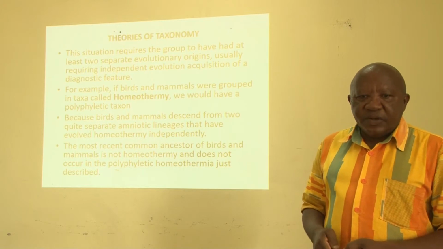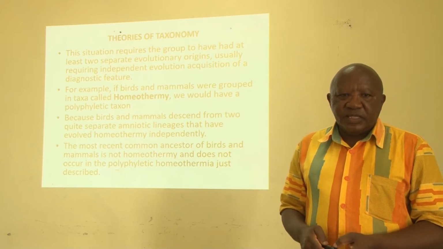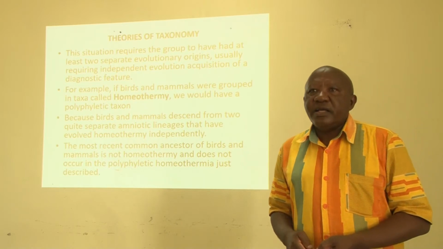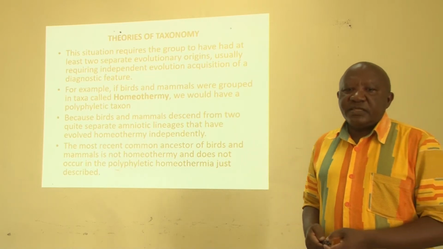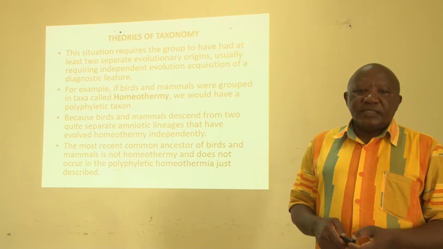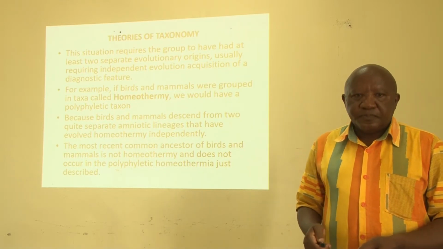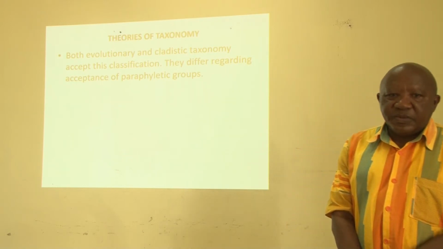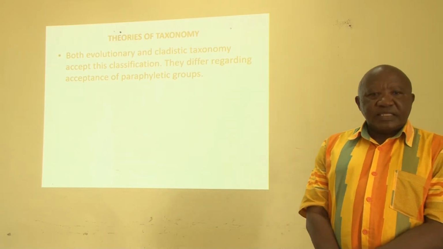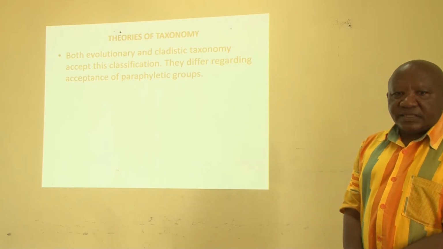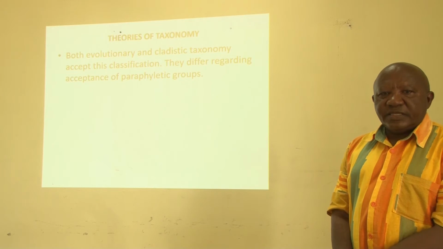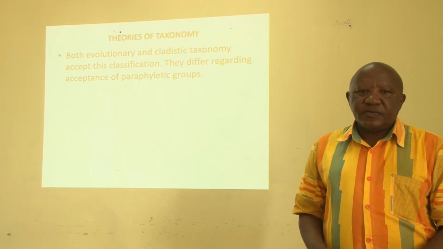The most recent common ancestor of birds and mammals is not homeothermic and does not occur in the polyphyletic group as just described. Both evolutionary and cladistic taxonomy accept this classification. They differ regarding acceptance of paraphyletic groups.